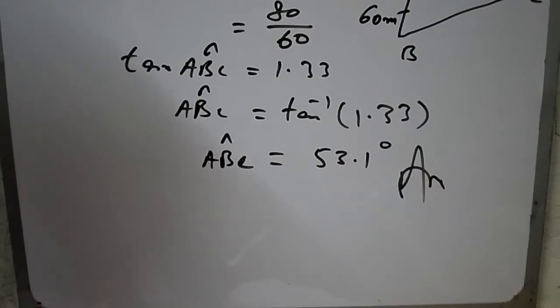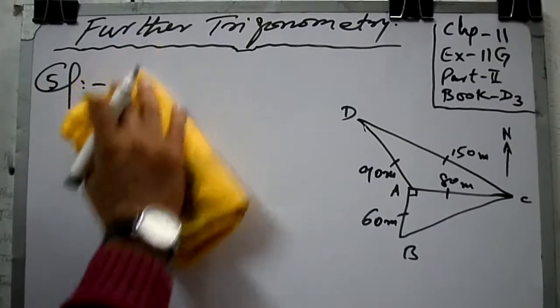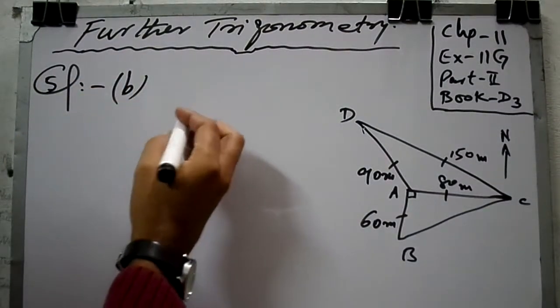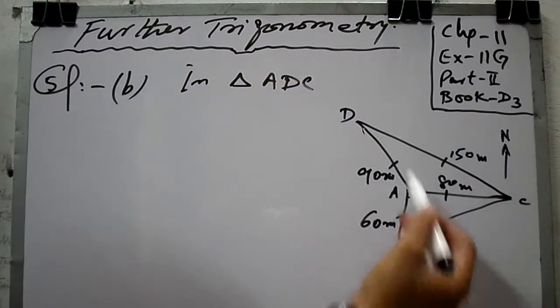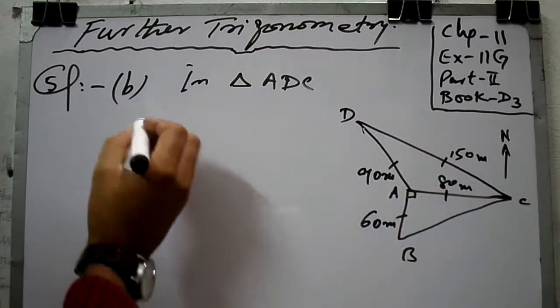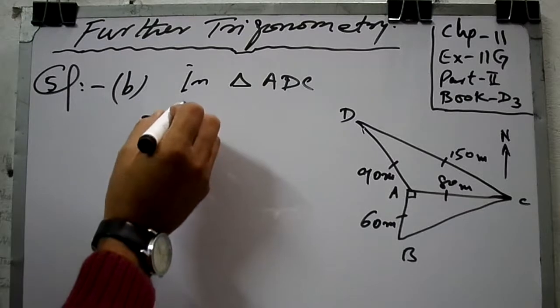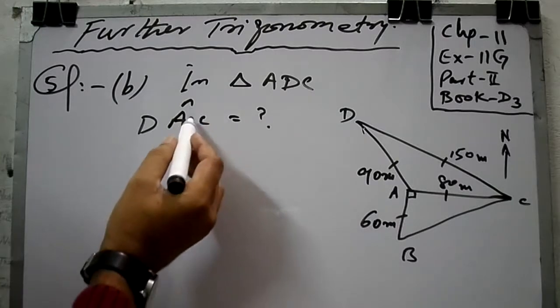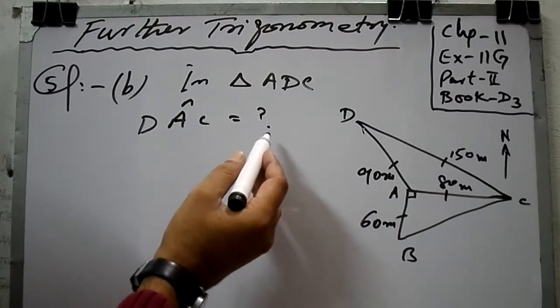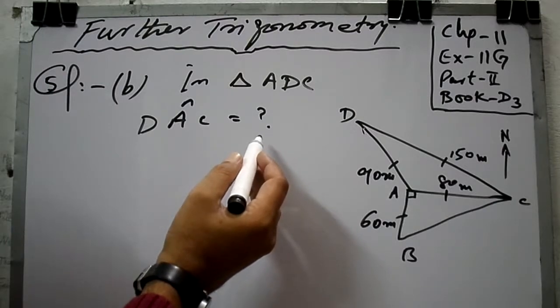In second part, we have to calculate the bearing of D from A. In part, bearing of B. So in triangle ADC, so we have to find that DAC, because bearing of D from A, it means we have to calculate the angle of A. So it is the necessary condition we have to find.